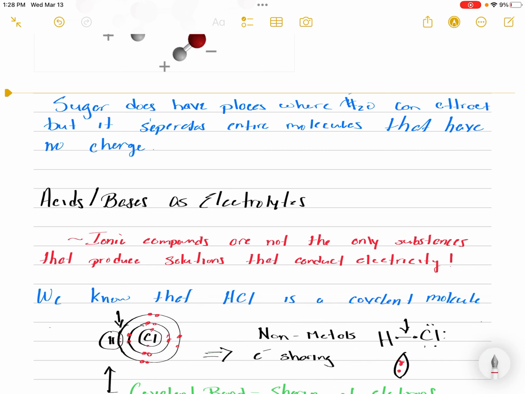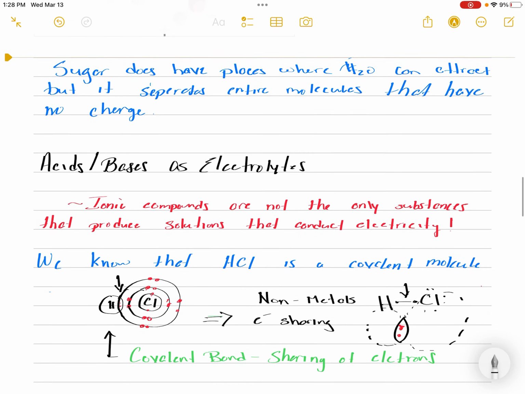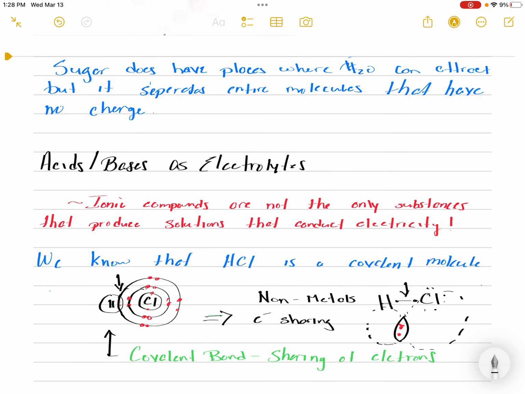That's what we see when we have a covalent compound. There's the hydrogen electron cloud, and then there is the chlorine valence shell cloud. Again, all nonmetals, a covalent compound, no ions to speak of. These electrons are being shared.